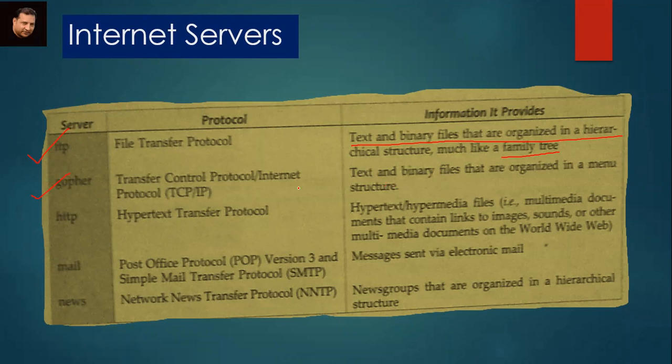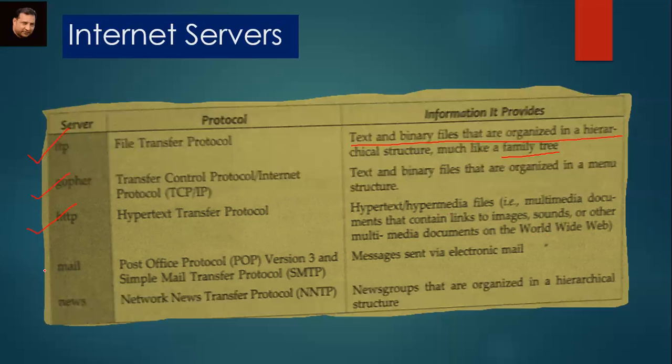You know what are menu options. Okay, HTTP, Hypertext Transfer Protocol. So hypertext or hypermedia, same thing. Files, that is multimedia documents that contain links to images, sounds, or other multimedia documents on the World Wide Web.